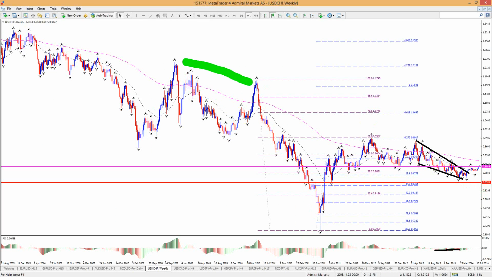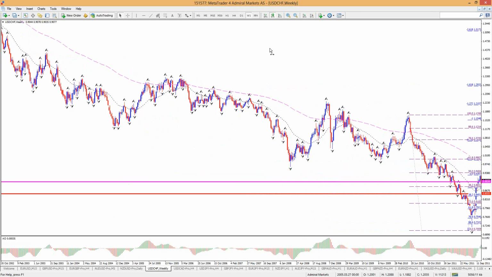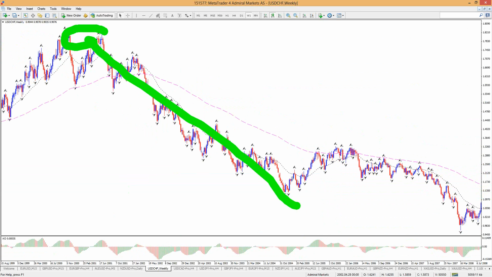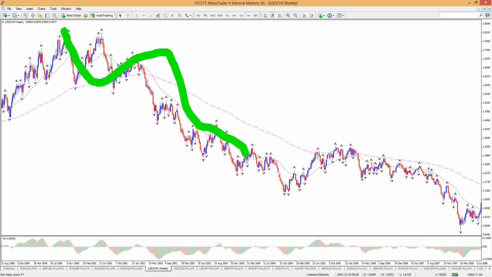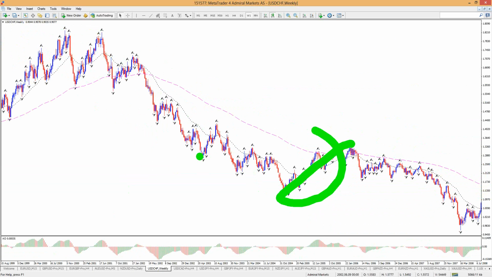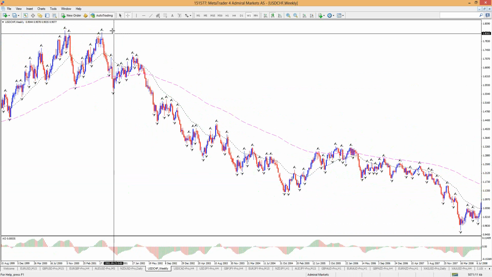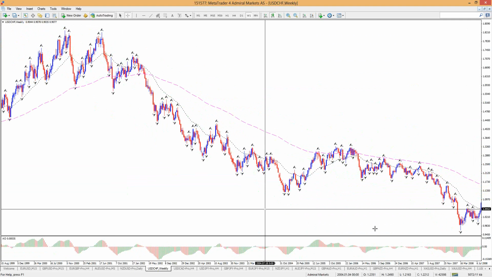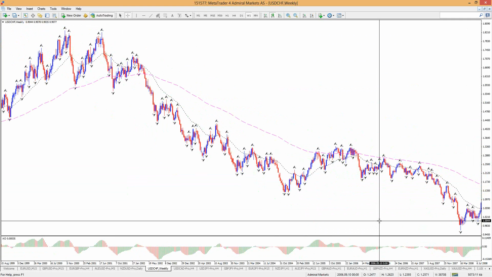Prior to this triangle, we had a downtrend on the dollar ever since 2000, which was a very big trend with its pauses, obviously, but overall, big downtrend. Fell all the way from 183 to about parity.